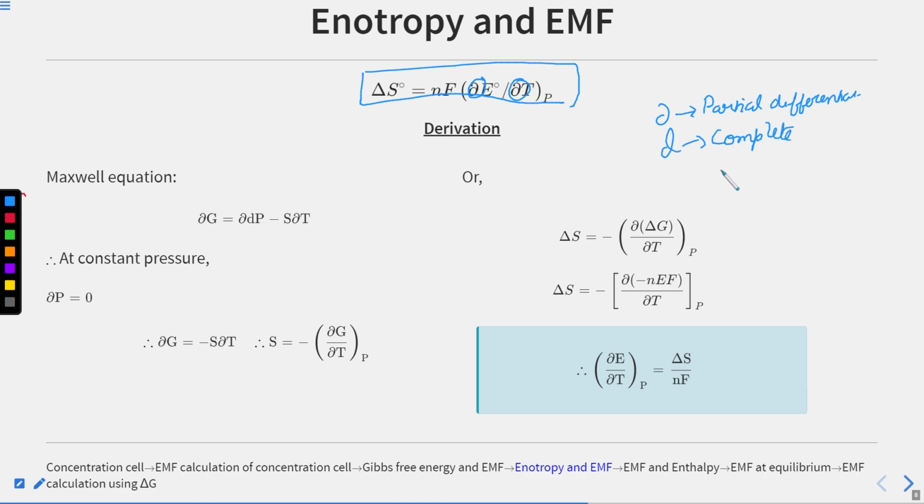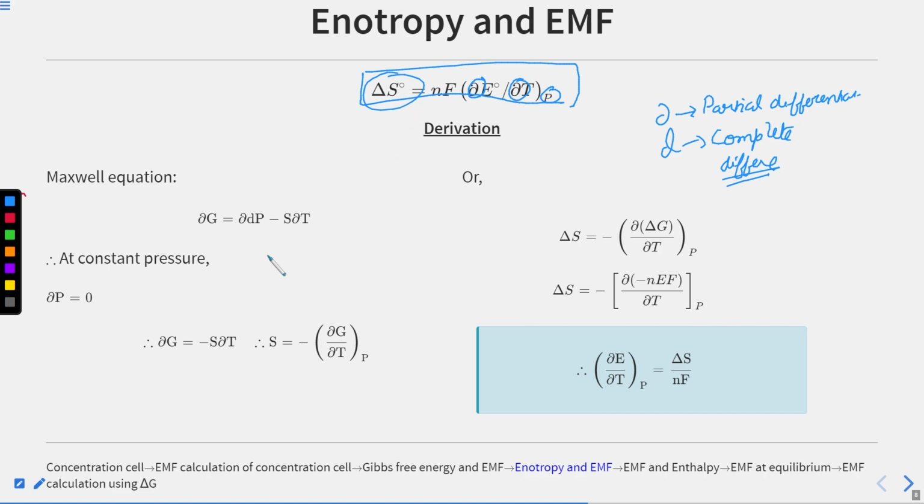When we solve questions, we will see the difference between these two. So what is happening here is we are differentiating E naught with respect to temperature at constant pressure, multiplying it by nF, and we are getting our delta S naught, or our entropy change.